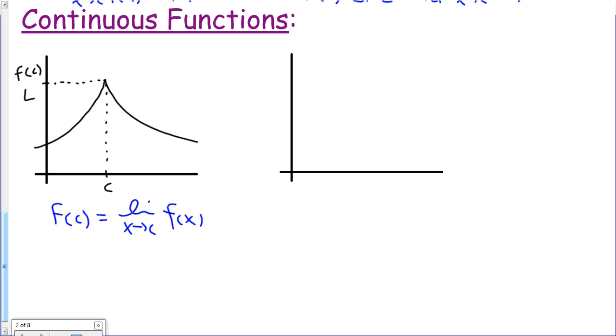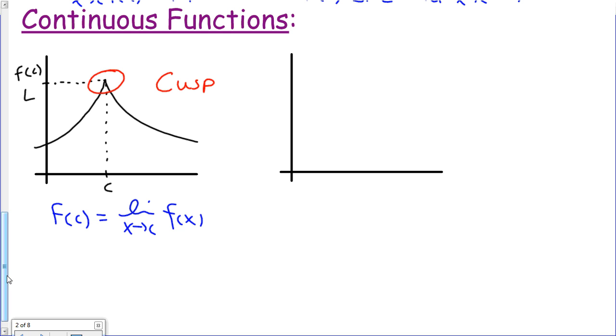They were equal to each other in this case, where we have a continuous function. Now that feature that we see in the graph there, where it's got a sudden change in direction, that's what we call a cusp. We'll define that a little bit more clearly here in a second, but that is what we call a cusp on our graph.